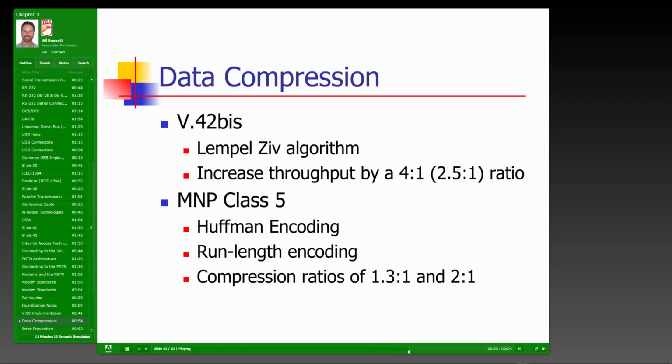In MNP class 5, there's actually two different algorithms that are being used, the Huffman encoding and the run length encoding, and the compression ratios here are about 1.3 to 1 and 2 to 1.